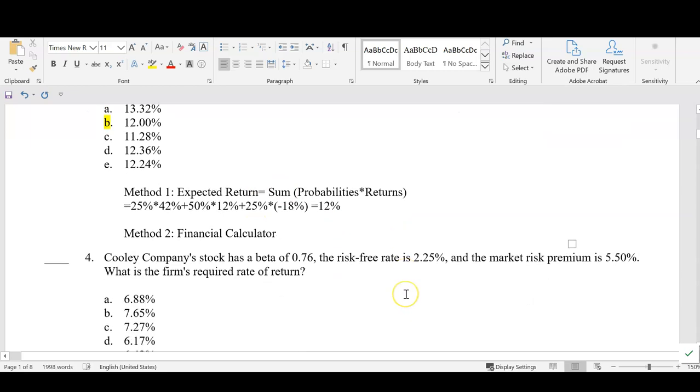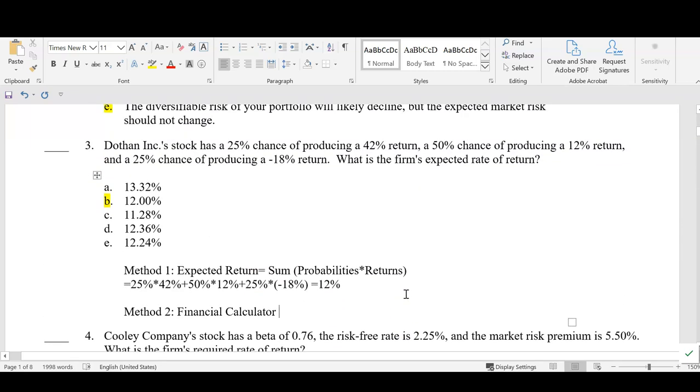We know the 3 returns and the 3 probabilities, so we can use the financial calculator, second data, and input return multiplied by 100 as X, and probability multiplied by 100 as Y, and go to second stats, press second set until you see 1V, 1 variable, and press the down button to see X bar as expected return and sigma X as standard deviation.